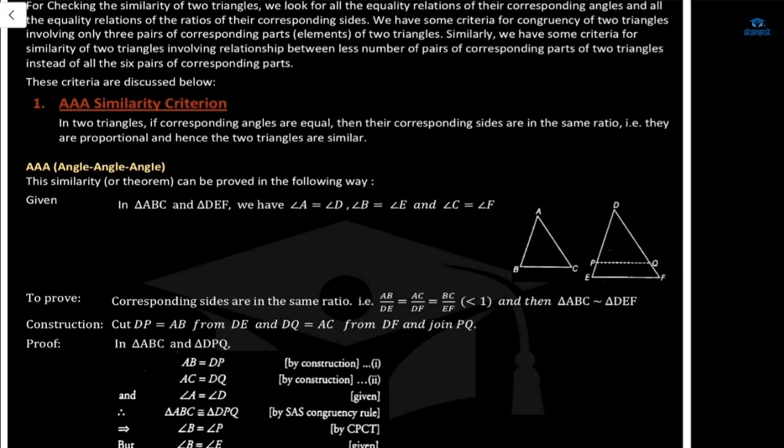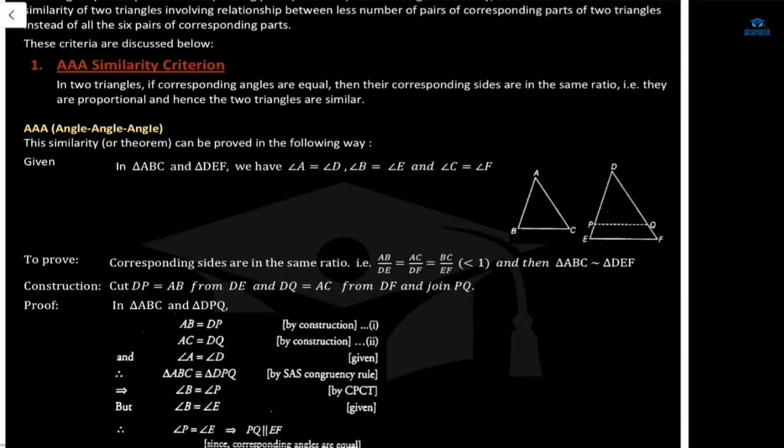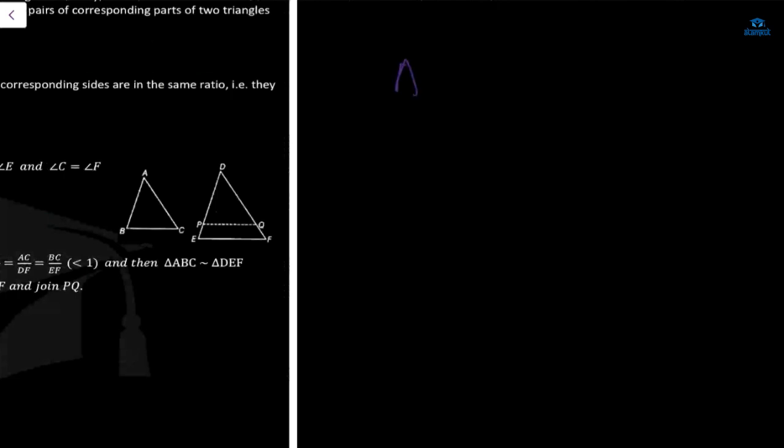So the first one is the AAA similarity criterion. Either you can use AAA or simply AA. Why? Simply AA will also work, because if two angles are equal, obviously the third angle will automatically be equal, since the sum of the angles of a triangle is 180 degrees.